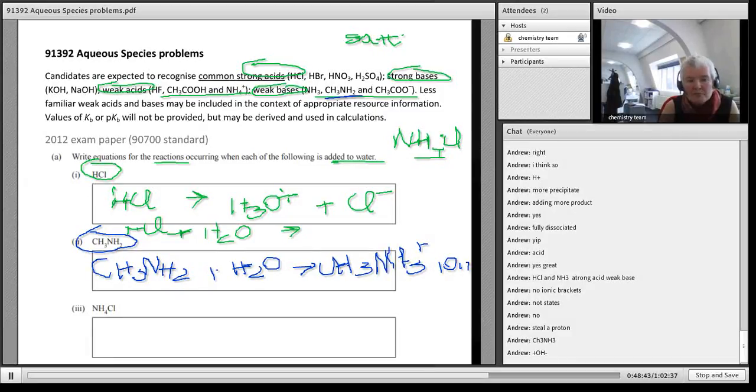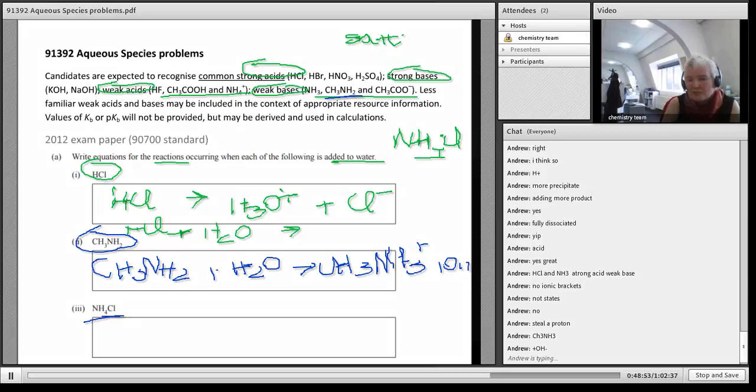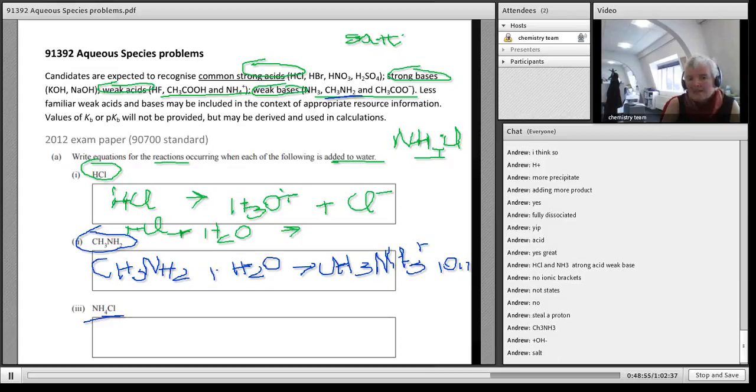So ammonium chloride now, that's the next one. What is ammonium chloride? Is it a base, or is it an acid, or is it a salt? It's a salt. And as we said in that green earlier on, it's from the strong acid HCl and the weak base ammonia. So is it a soluble salt?